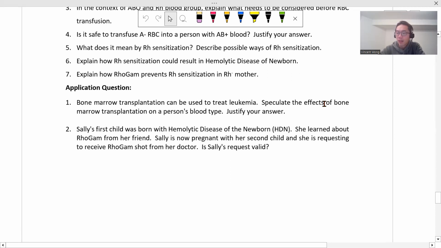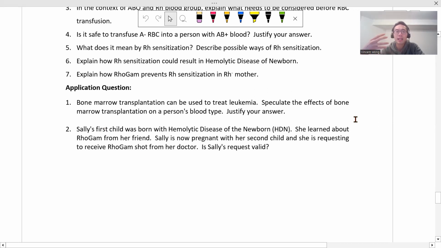And so to fix that, you will have to replace the cells in the bone marrow so that you are able to create new blood cells, to replace the defective ones that are in the bone marrow, essentially. So speculate the effect of bone marrow transplantation on a person's blood type and justify your answer.